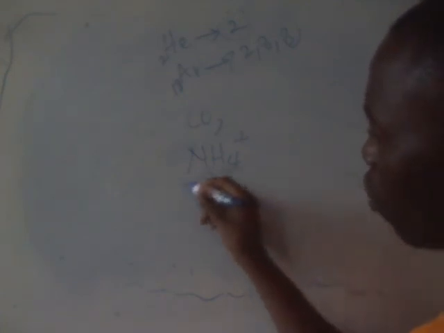For ammonia gas we have nitrogen and hydrogen, hydrogen. Nitrogen has valence electrons 3, and each hydrogen brings 1 electron, so invariably a covalent bond will occur there.